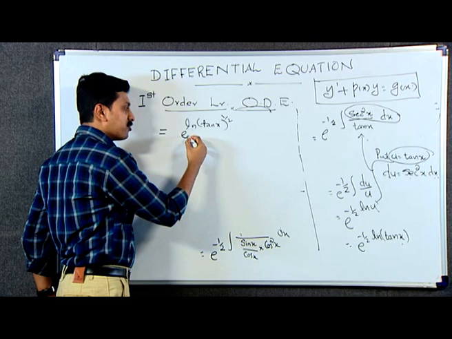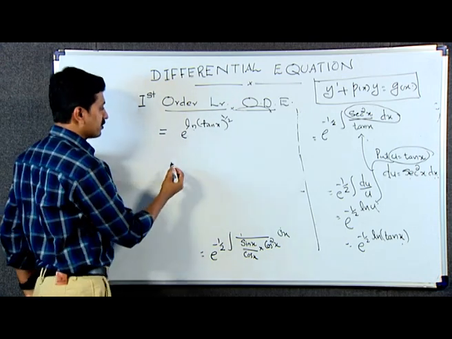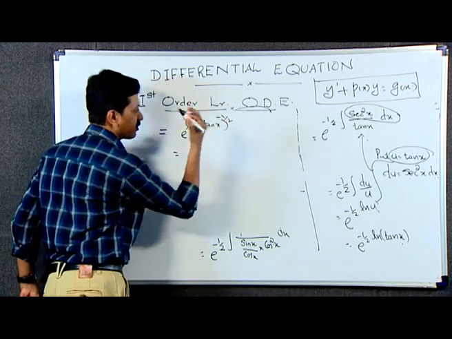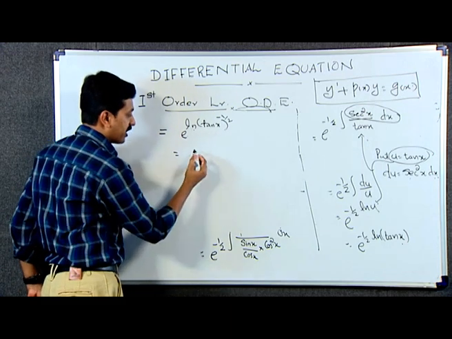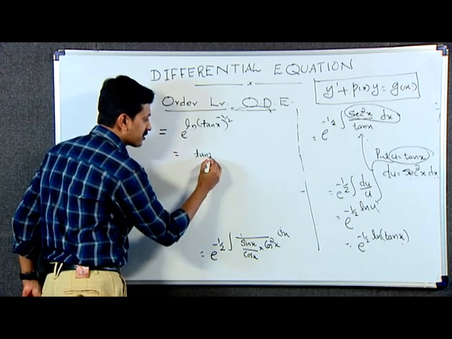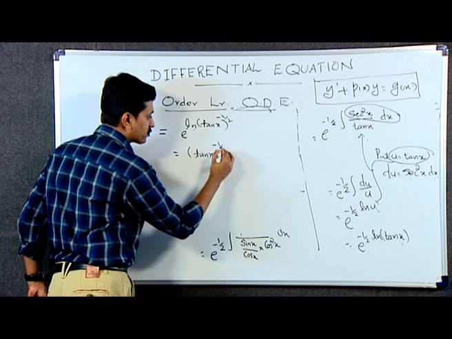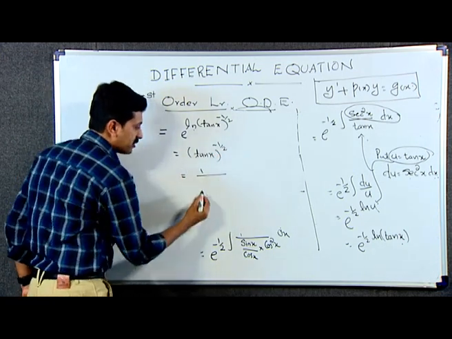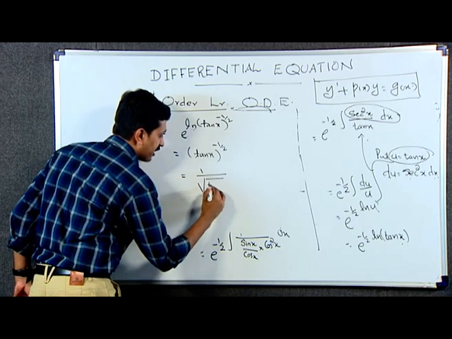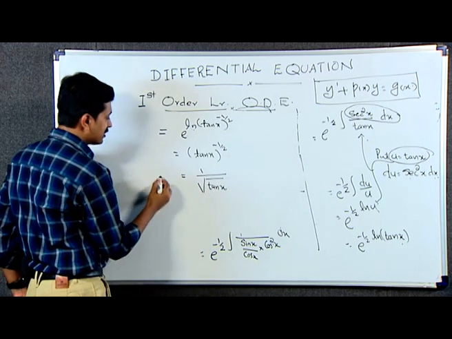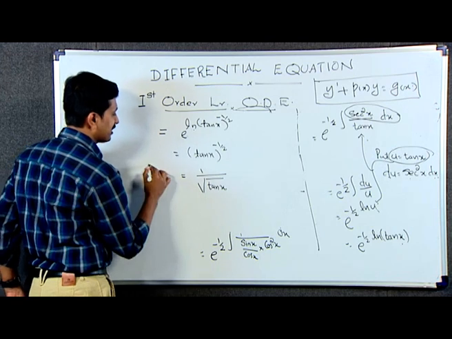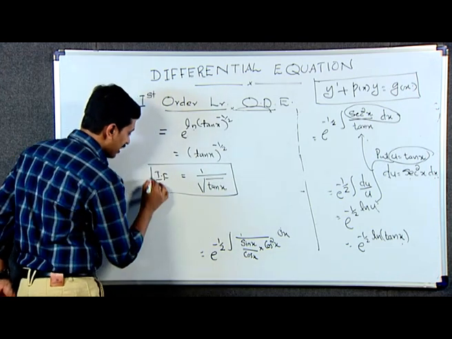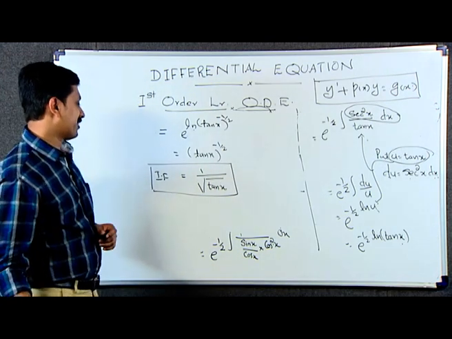It will remove e and log. Therefore, this is equal to tan x whole raised to minus 1 by 2, which is 1 by square root of tan x. So, this is our integrating factor.